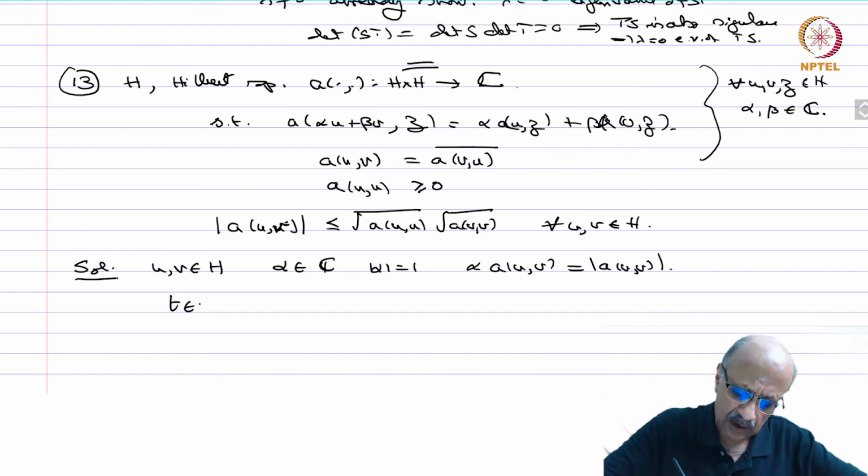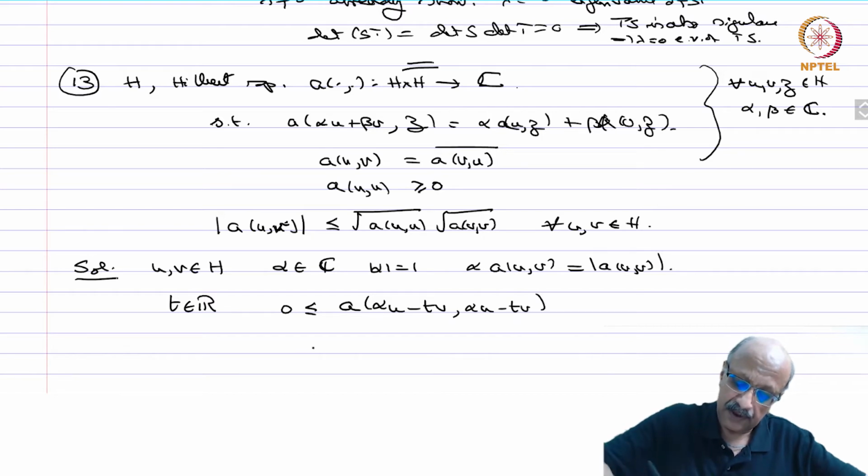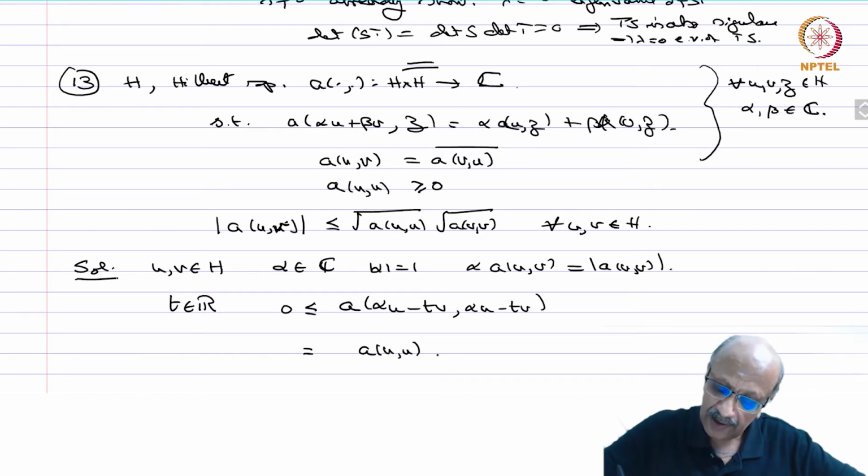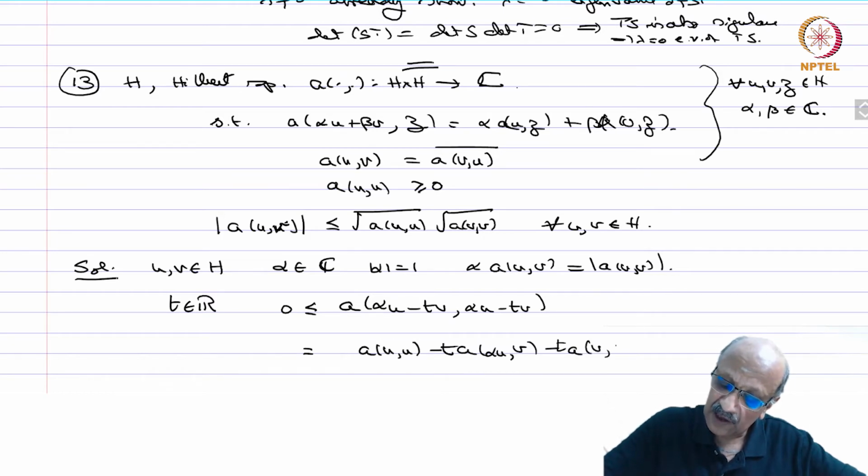Okay, let t belong to R. So you have 0 less than or equal to A(alpha u minus t v, alpha u minus t v) by the third property. So that's equal to A(u,u), and then alpha and alpha bar will come from the other one, that will give you |alpha| squared, which is 1, minus A(alpha u, t v), t is a real number, then minus A(t v, alpha u) plus t squared A(v,v).